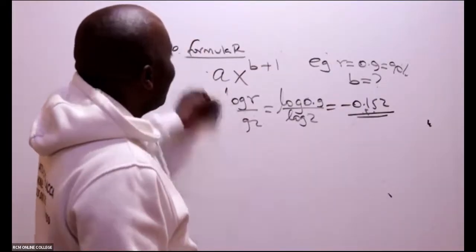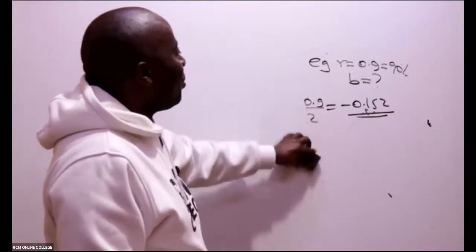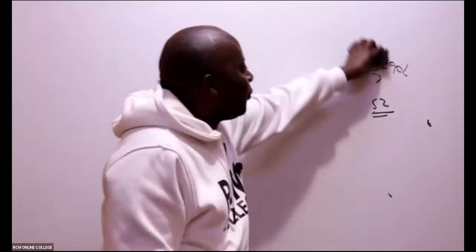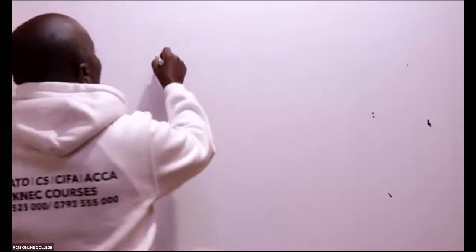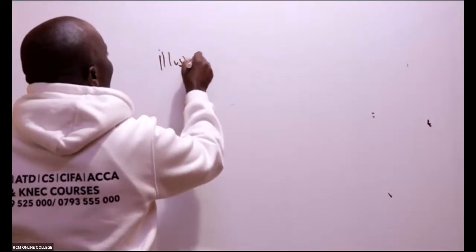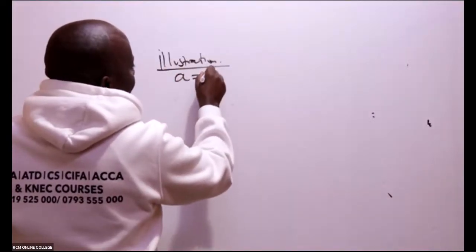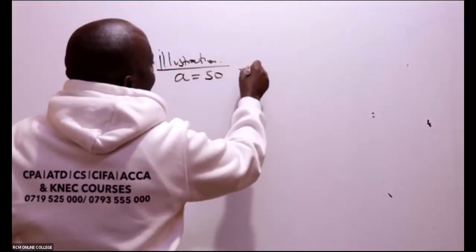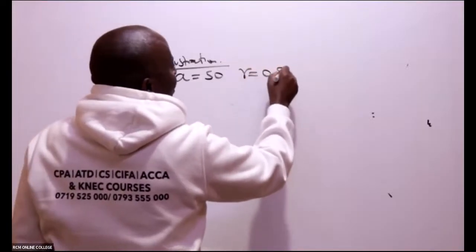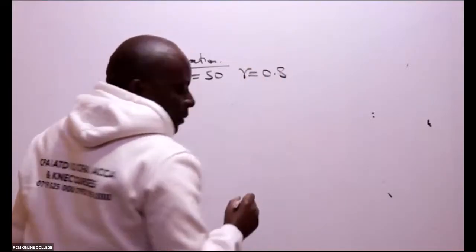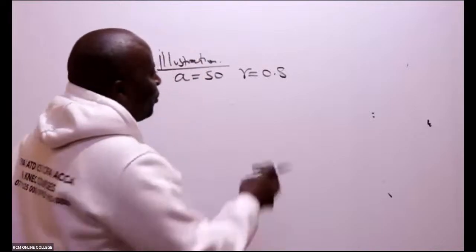Now, ladies and gentlemen, I would want us to take an example that I'm writing for you here. Illustration. They have given us A. A is 50. They have given us the learning rate. The learning rate is 0.8. Let me write it as 80% to confuse some of us.